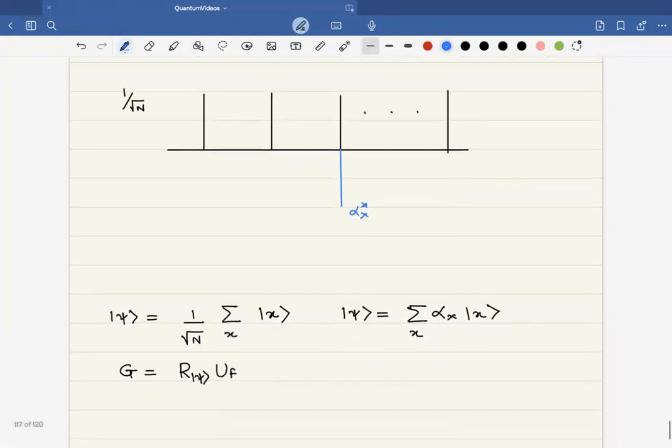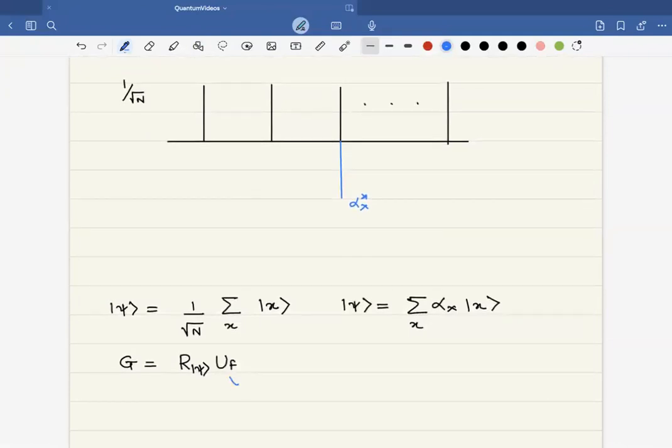And then our R psi operator. One can show that R psi is reflection about this uniform superposition vector.